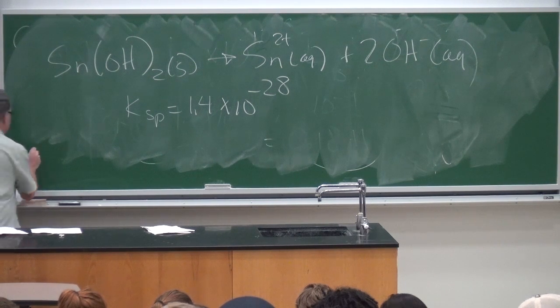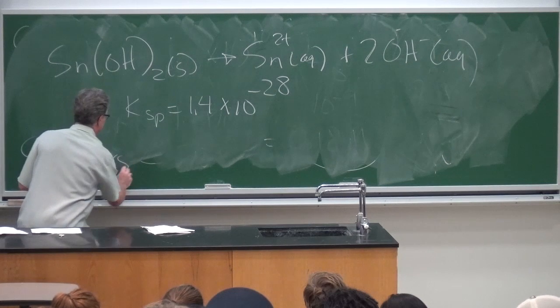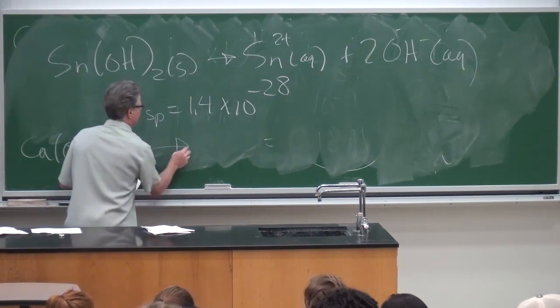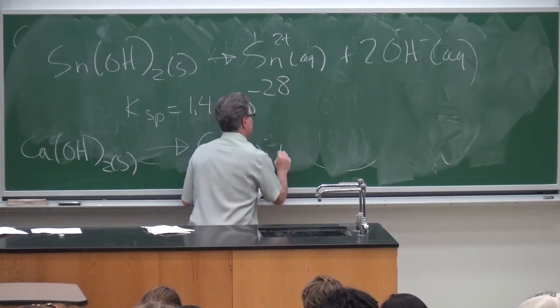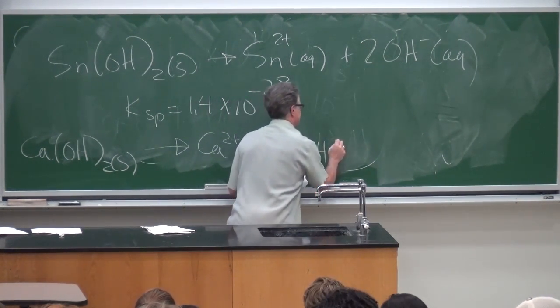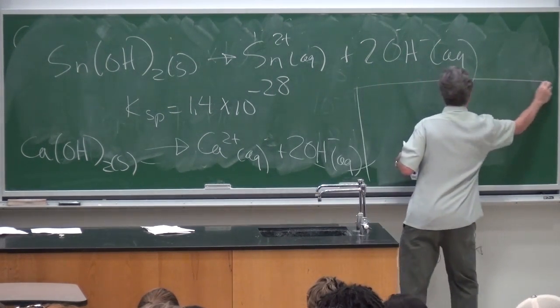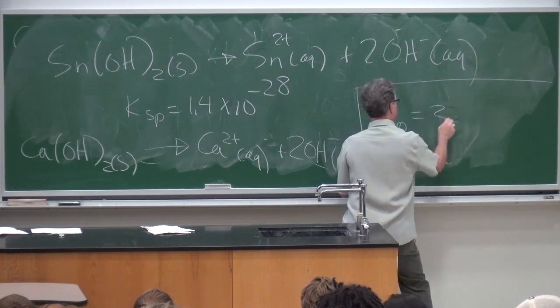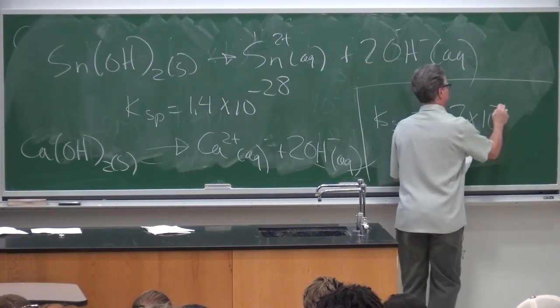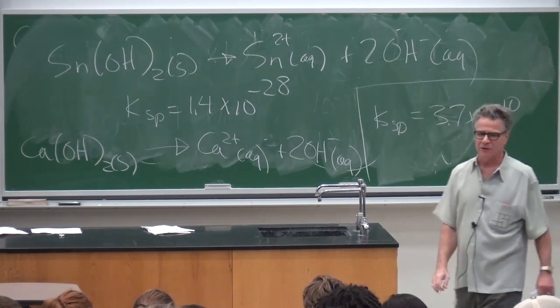Whereas calcium hydroxide is also a weak electrolyte, going to calcium 2 plus aqueous plus 2OH minus aqueous. But that KSP, so big important clue just got laid on you.